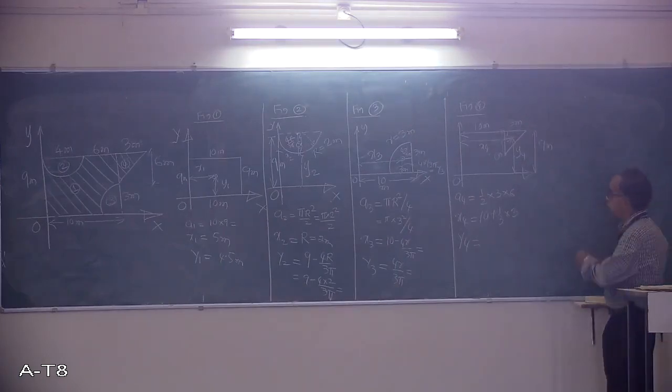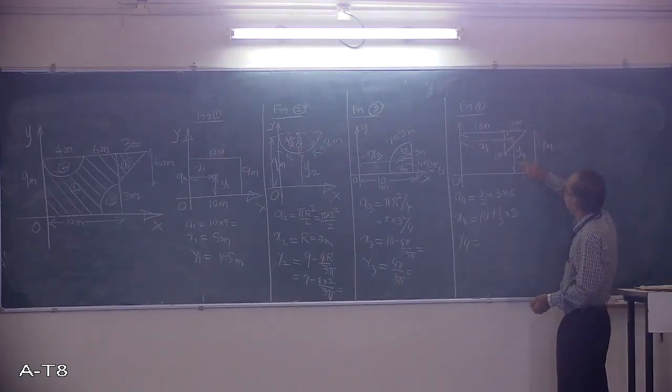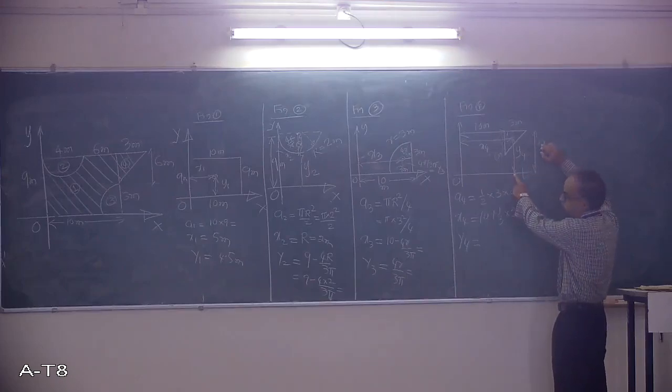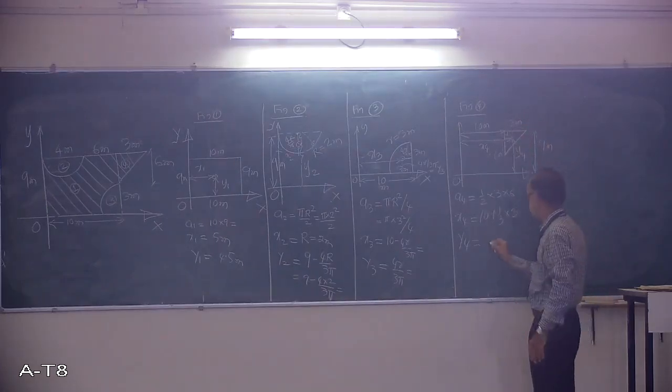So what you must remember here is total is 9. But y4 we are measuring from the x axis, from this to this. So this is y4. How to get this? This I know. 1/3 of total is 6. 1/3 of 6. So 9 minus 1/3 of 6. That is your y4. That I write here.